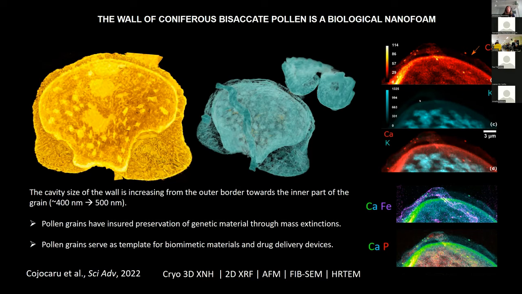We also saw quite high concentrations of calcium in this exine part of the grain. And in fact, these pollen grains are used as a template for biomimetic materials, and the pharmaceutical industry is also trying to use this for drug delivery, so the information is useful for different communities.